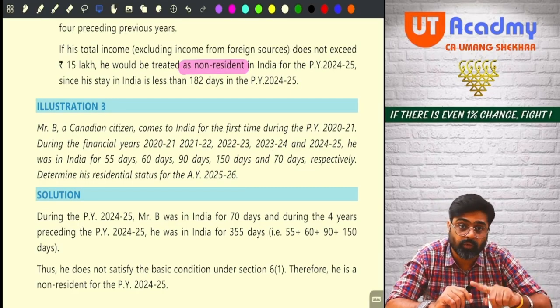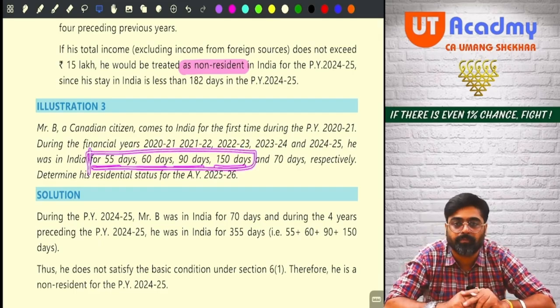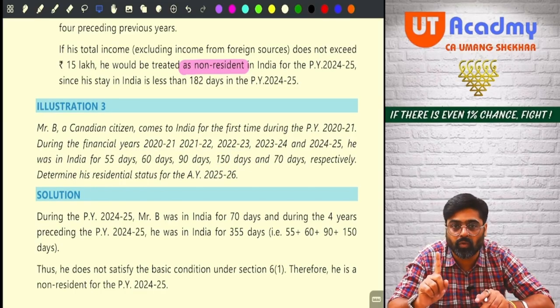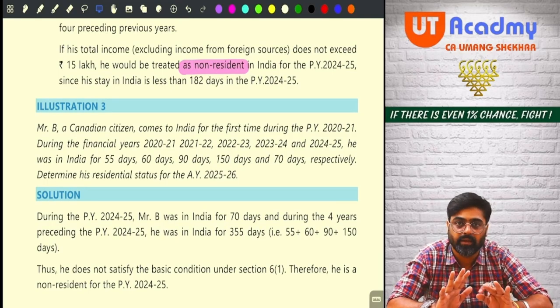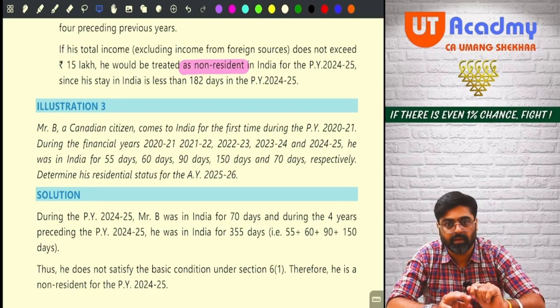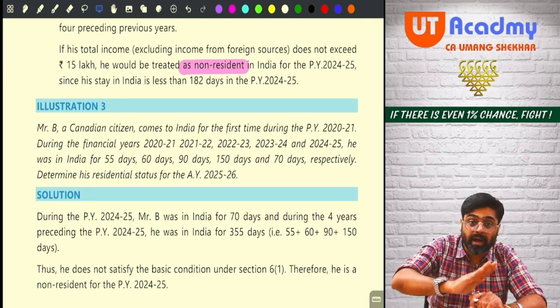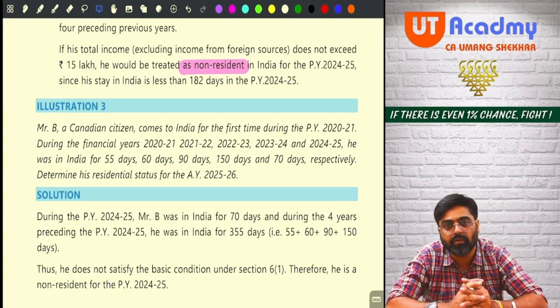And in the last 4 previous years, his stay should be 365 days or more. If you calculate, this will be only 355, which is less than 365 days. Meaning that even though he has fulfilled part 1 of basic condition B, he fails to fulfill part 2 of basic condition B, hence basic condition B is also not fulfilled.